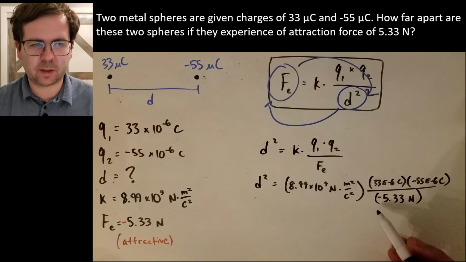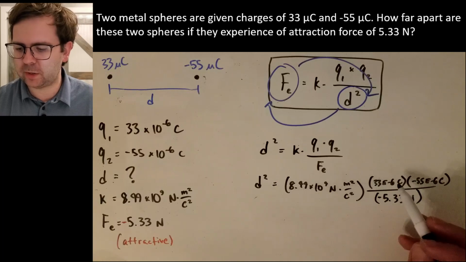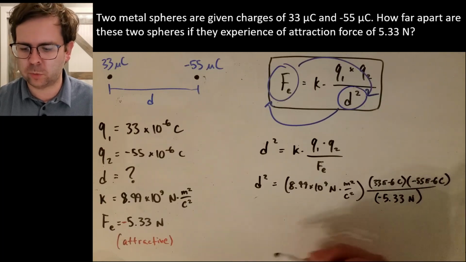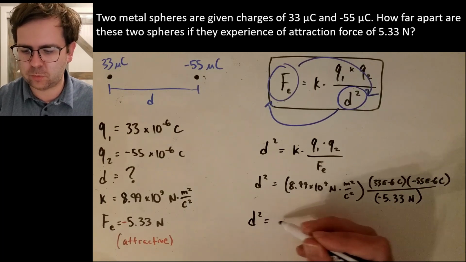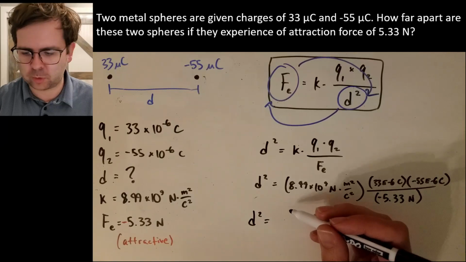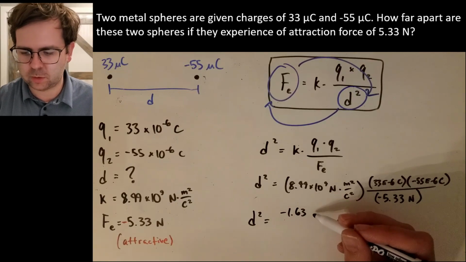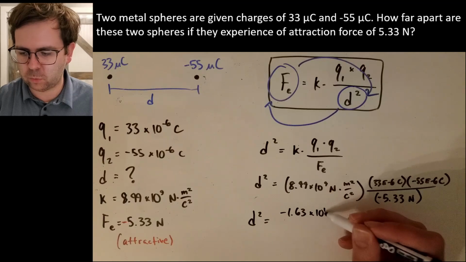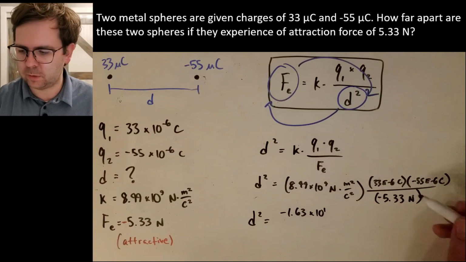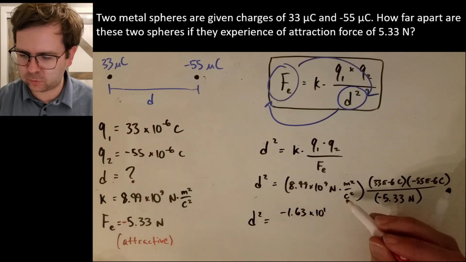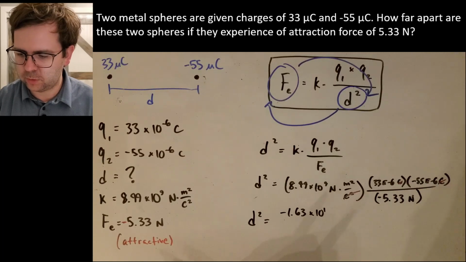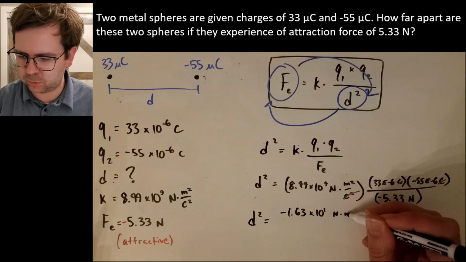So now that I've done that, I can multiply. I'm going to multiply K times Q1 and Q2 all in one step here, just to go a little bit quicker. So that's going to be negative 1.63 times 10 to the 1. And then the coulombs squared cancel out with the coulombs here. So that leaves me with newtons times meters squared.